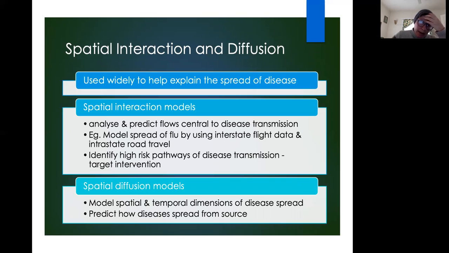Right, so people use GIS to look at spatial diffusion, to analyze and predict flows of disease transmission. How people move, how disease moves, how a flu might move through interstate flight data. Remember, we looked at that bad map earlier where it was just a map of all airplane flights in the world?